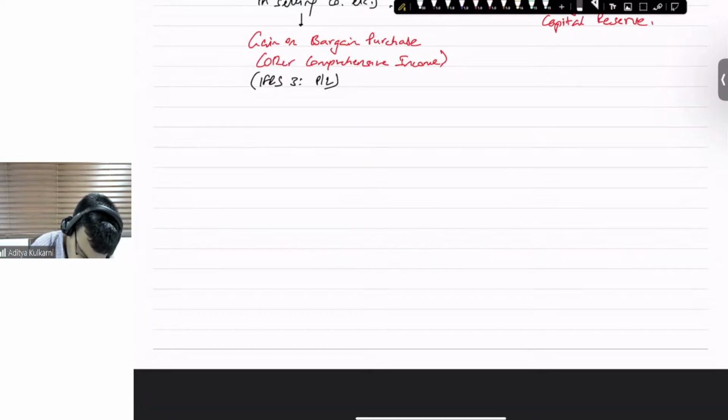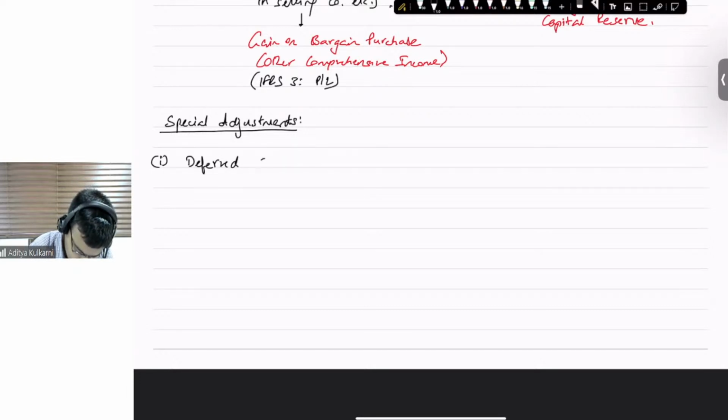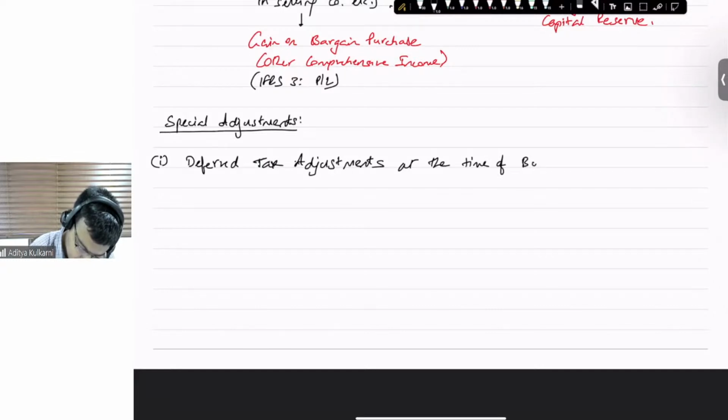So we have 2 special adjustments. First one is deferred tax adjustments at the time of business combination.